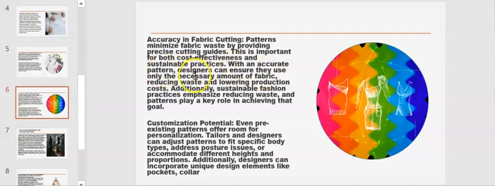With an accurate pattern, designers can ensure they use only the necessary amount of fabric, reducing waste and lowering production costs. Additionally, sustainable fashion practices emphasize reducing waste, and patterns play a key role in achieving that goal.